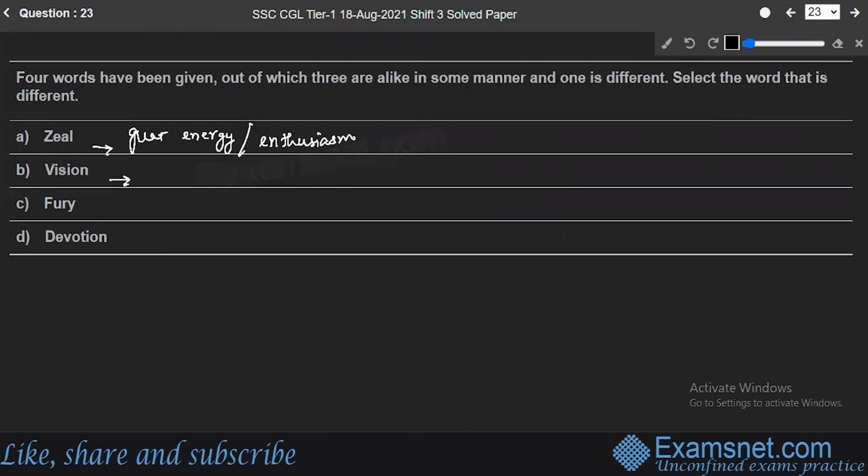Vision, it means ability to think over a plan, to think over a future, you can say, with imagination.